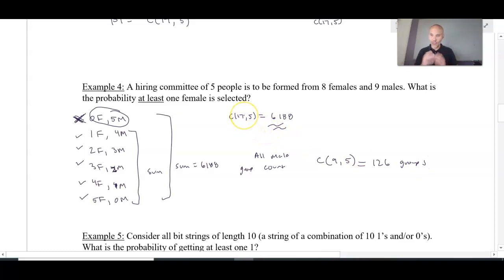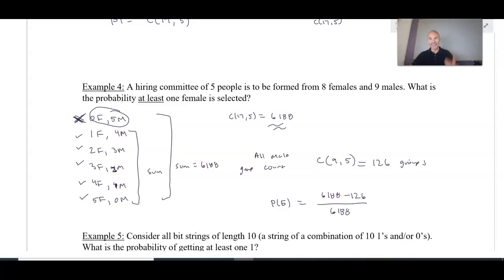So I don't want those. Those are the only groups that I don't want to form. I want a group with at least 1 female. So the probability of getting that event would be the number of ways we get at least 1 female, which is 6,188 minus the ones that are all male, out of the 6,188. And that's going to be pretty close to 100%. So we should get at least 1 female because nearly half of the people in the group of 17 are female.